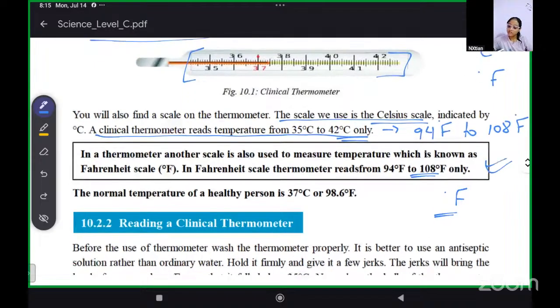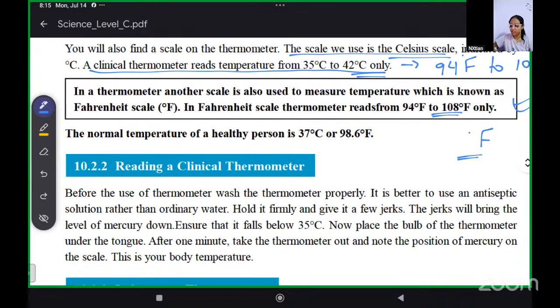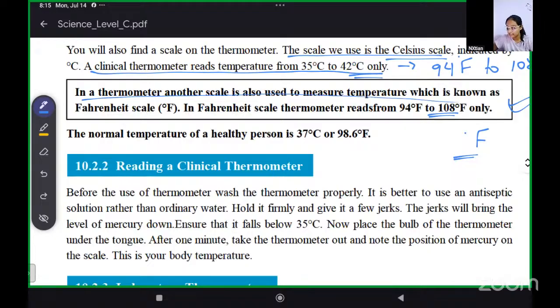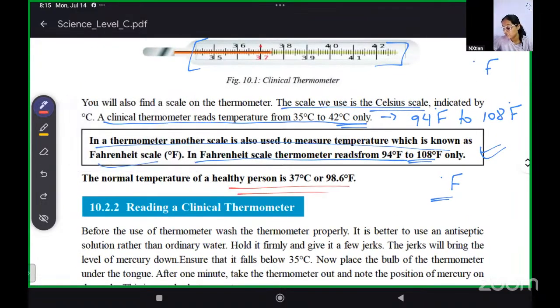In a thermometer, another scale is also used to measure temperature, known as the Fahrenheit scale. On the Fahrenheit scale, the thermometer reads from 94 degrees Fahrenheit to 108 degrees Fahrenheit only. The healthy temperature is 37 degrees Celsius or 98.6 degrees Fahrenheit. 100 degrees also indicates a fever, not very high, but still a fever. 102 is a fever, 104 is a fever, 108 is a fever.